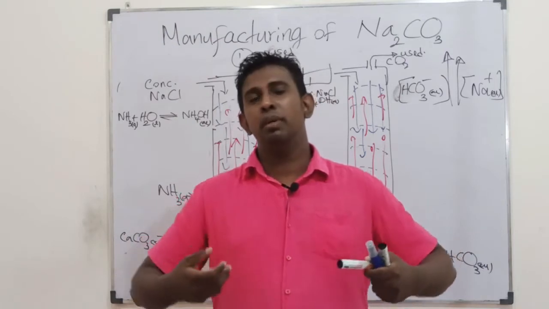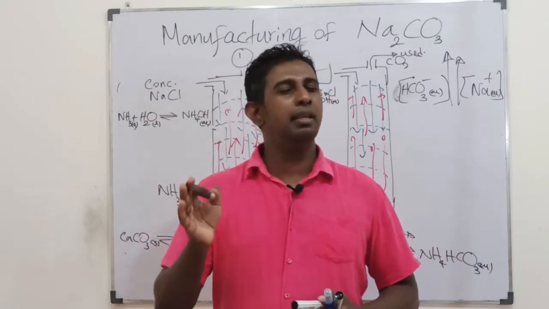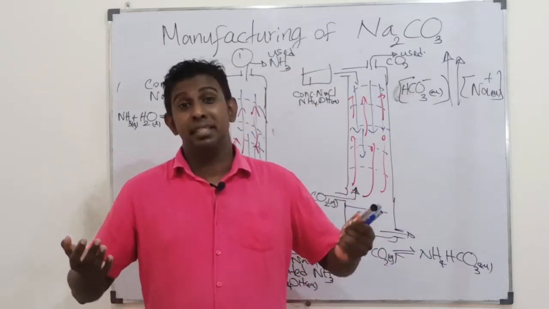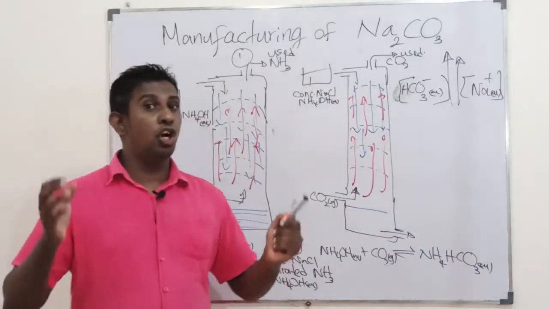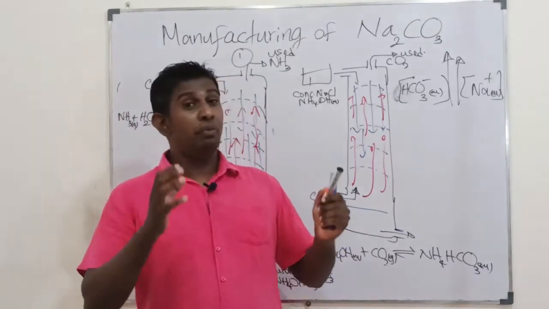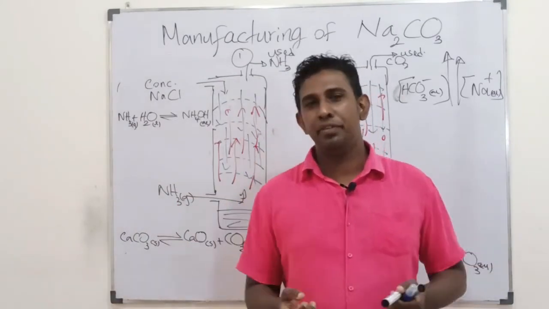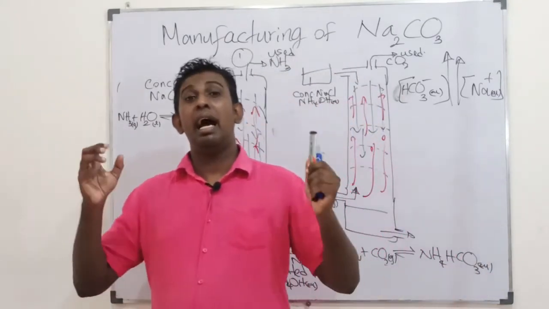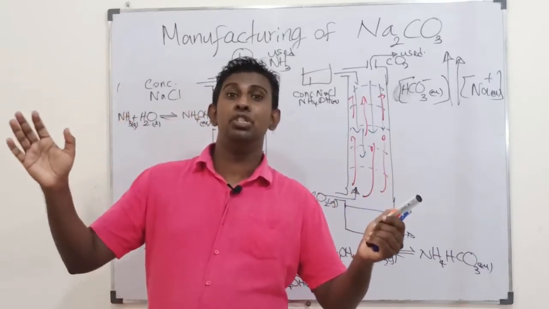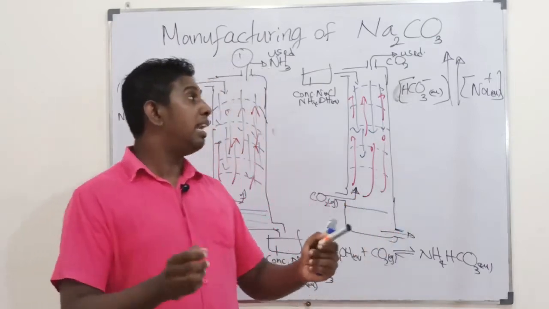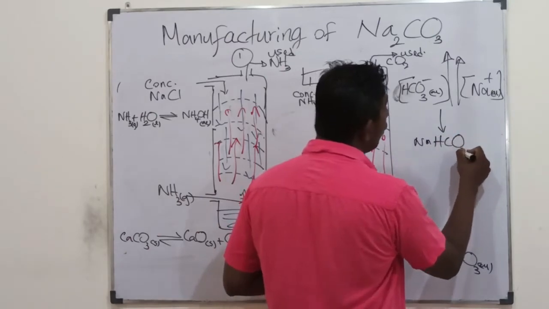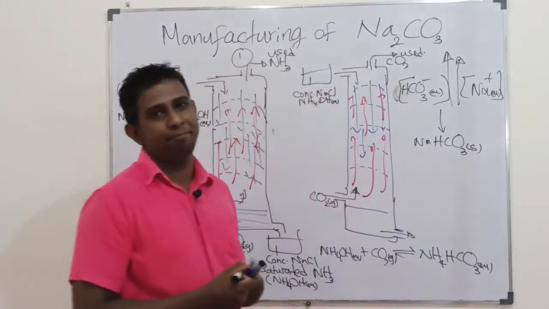All the stable bicarbonates are well soluble in water. But under these circumstances, with a high concentration of HCO3- and a very high concentration of Na+, these super concentrations let them form precipitates. You get NaHCO3 precipitate being formed.